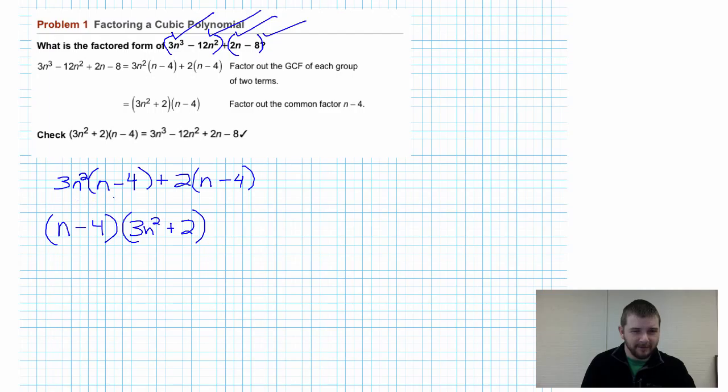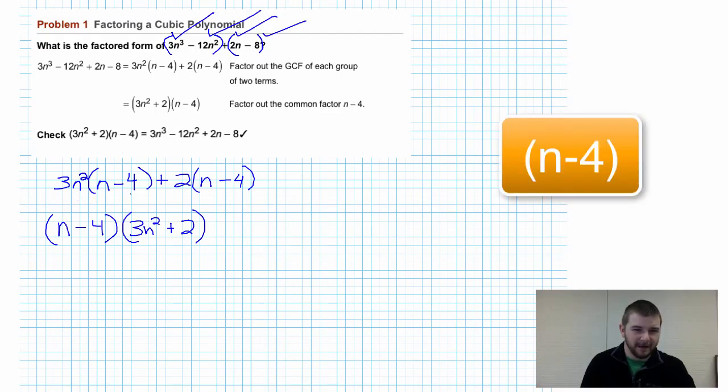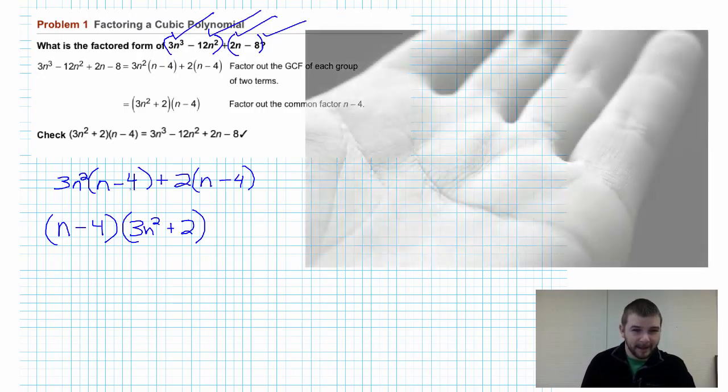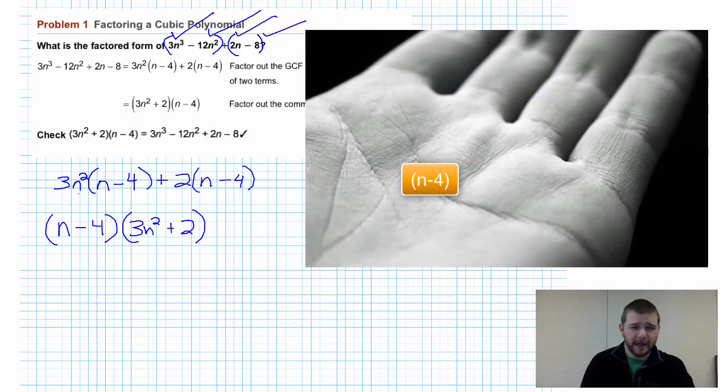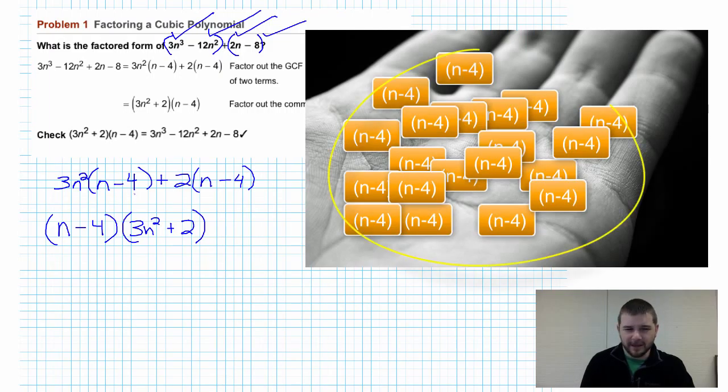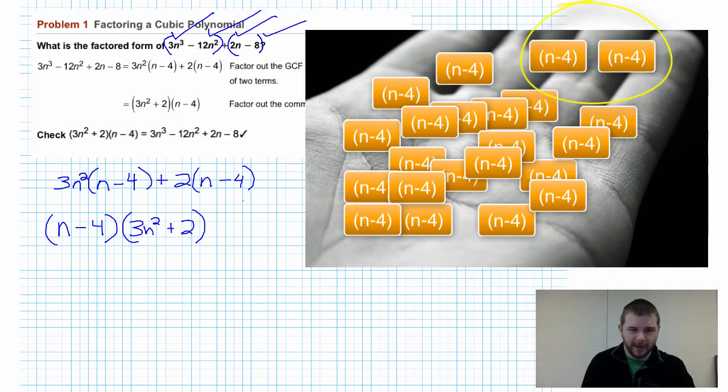It's almost as though we have n minus 4, and that's a thing that you could have, or let's pretend it's something that would fit in your hand. In this case, we have 3n squareds worth of n minus 4s, whatever that is, but 3n squareds of them, and then we're adding 2 more of them, so we can think of that as being 3n squared plus 2 of them.